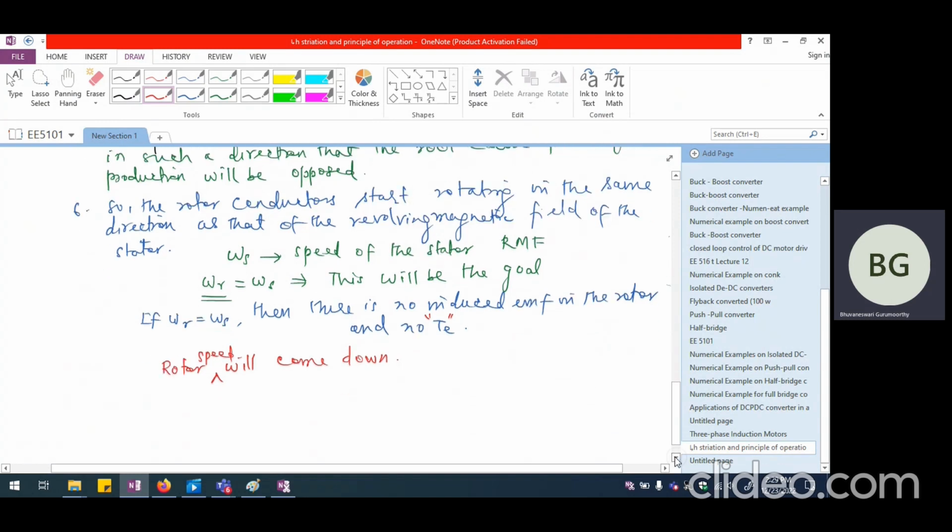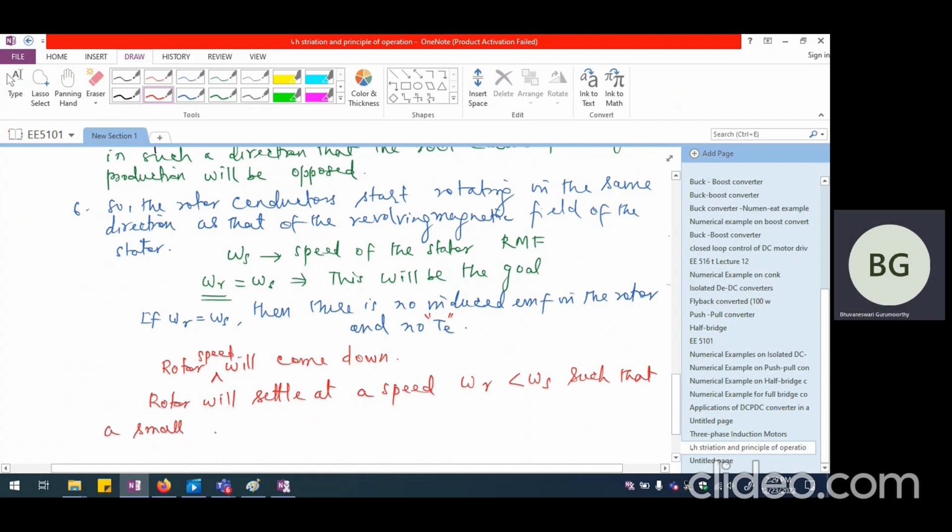So ultimately, rotor will settle at a speed omega r, which is less than omega s, such that the difference between these two is good enough to induce a small induced EMF in rotor conductors.